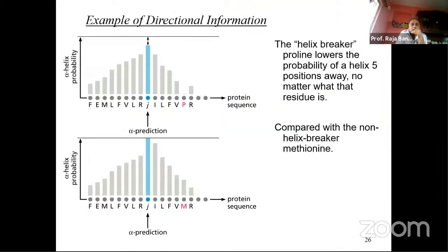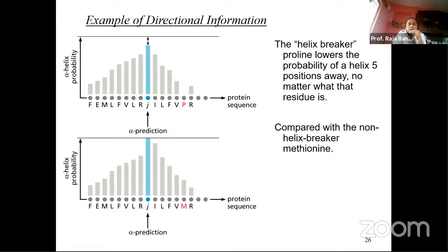Now this is a direct example which shows how proline affects this. Proline is considered a helix breaker, and if you consider this line as the touch line for 100% helix formation, you find that the jth residue has a lowering in helix formation compared to where methionine, a helix former, is present. In this case, proline, when present in the system, lowers the formation of the helix.